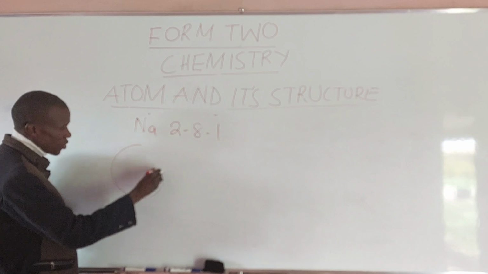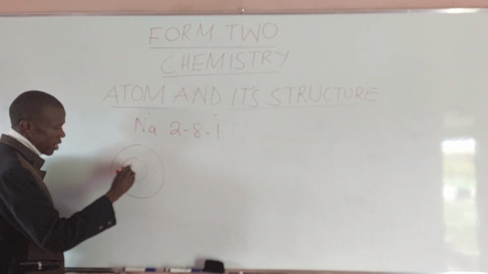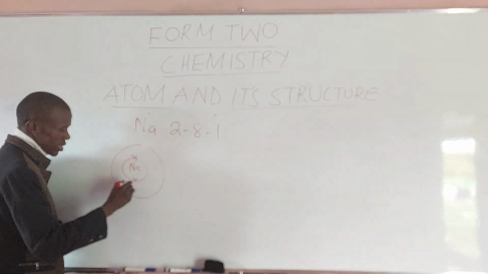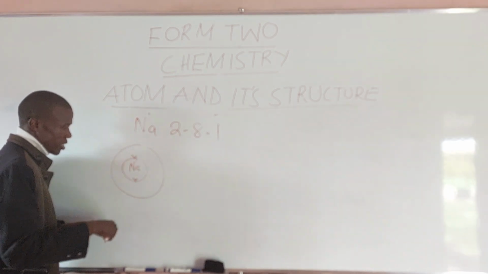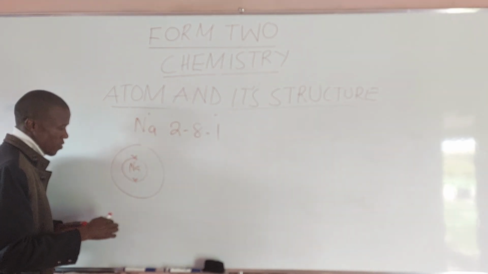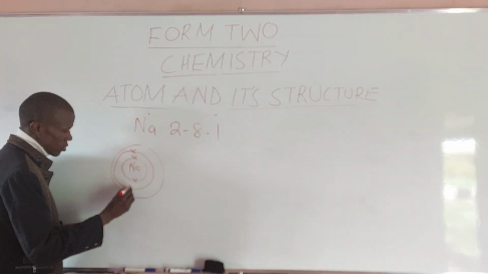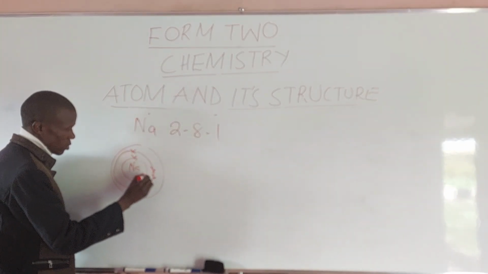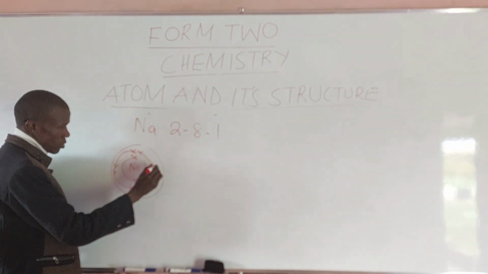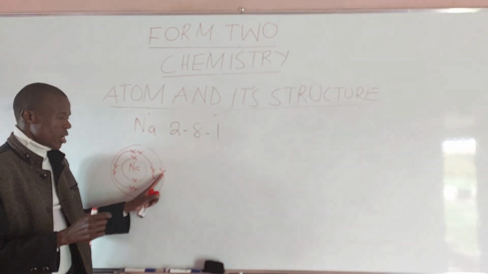So we have sodium here. The crosses represent the electrons. This electron can be lost.